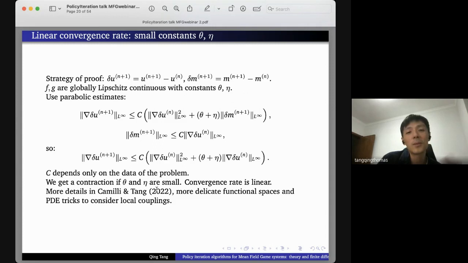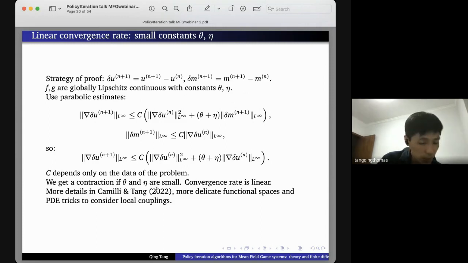It would not be a good assumption. But we can have a C which is independent of theta and eta, which we can use as the constant for F and G, which are globally Lipschitz continuous. Remember that we have some square term on the other side. Then we can get a contraction if theta and eta are small. The convergence rate is linear.